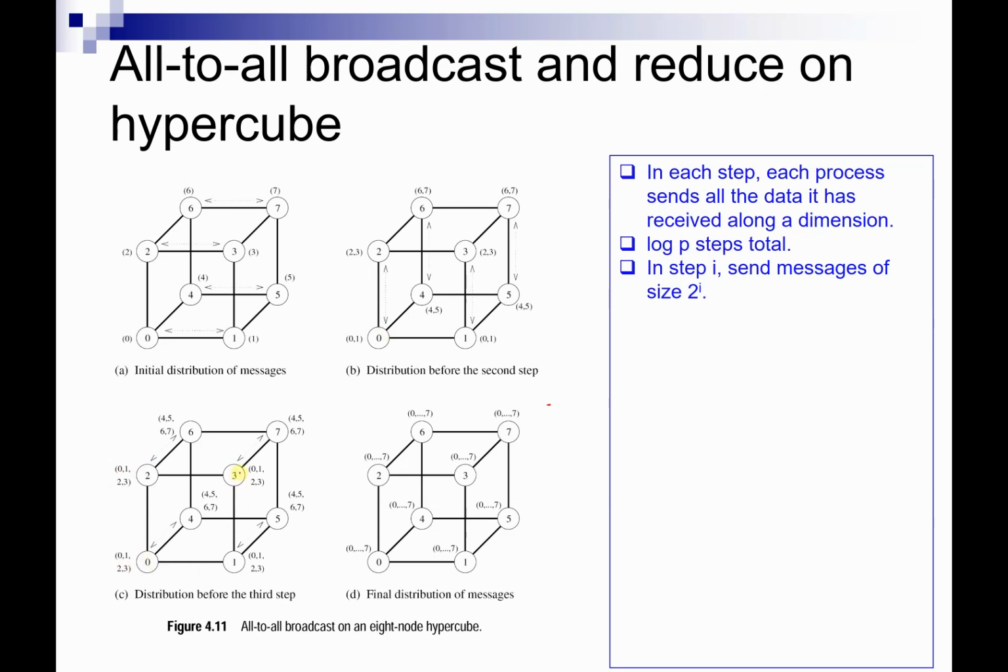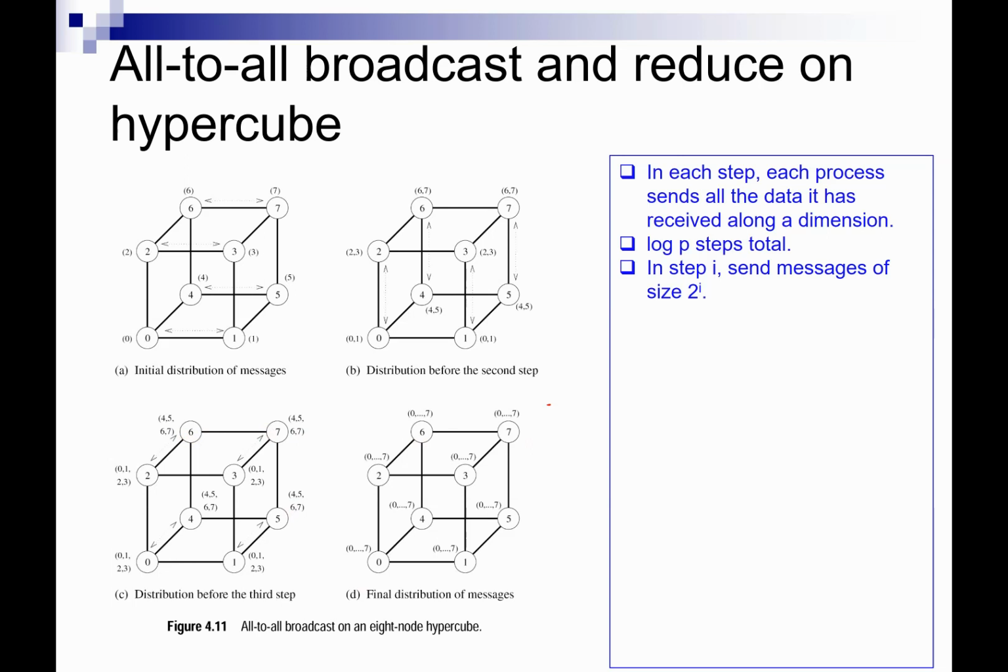Likewise, 1 and 3 do their exchange, and they're also going to have the first 4 values. 4, 6 and 5, 7 are all going to end up with the values 4, 5, 6, 7. And then on the final step, we're going to do exchanges in the dimension corresponding to the most significant digit. After you do that, all of these processes are going to have all 8 values.